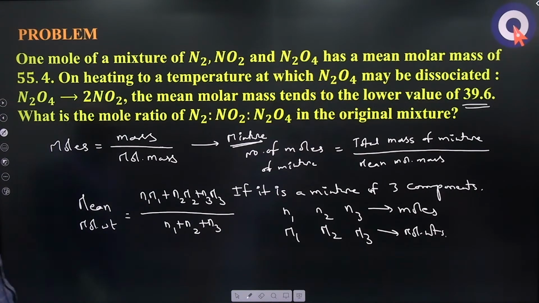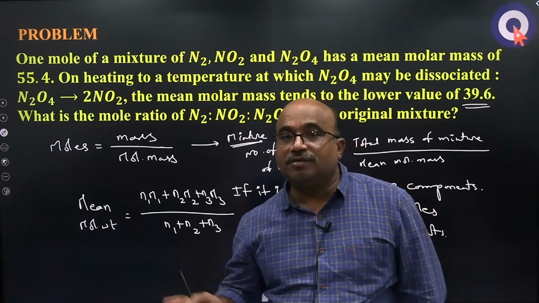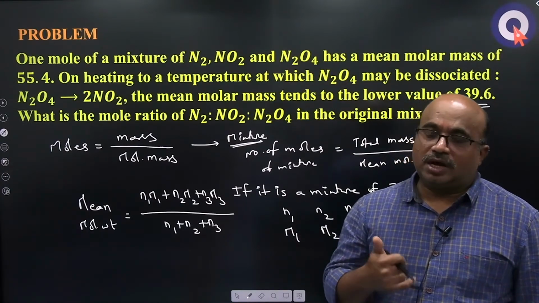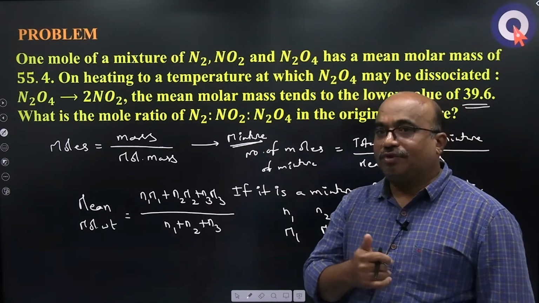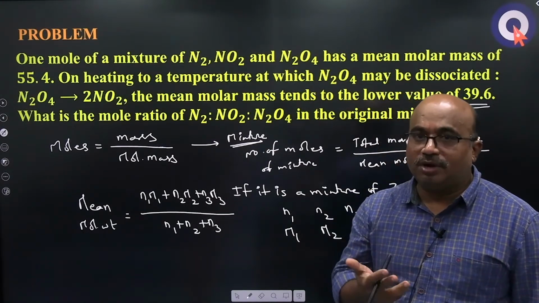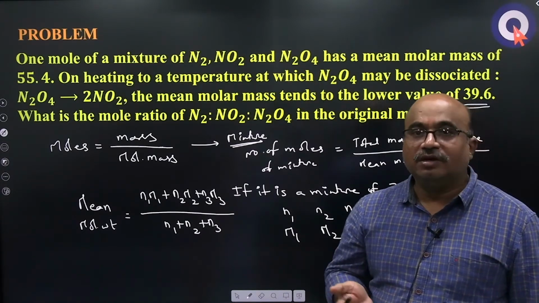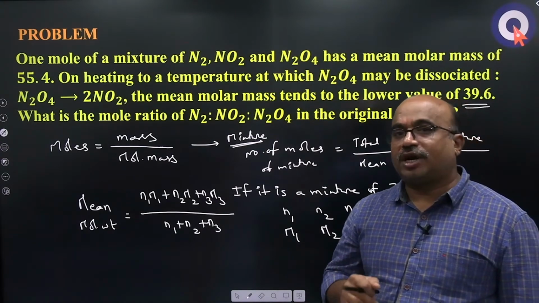Here the total moles of the mixture is given as 1, but we don't know the moles of N2, NO2 and N2O4 individually. If we assume one is a variable and the second one is a variable, the third one we get by subtracting the sum of these two from 1.